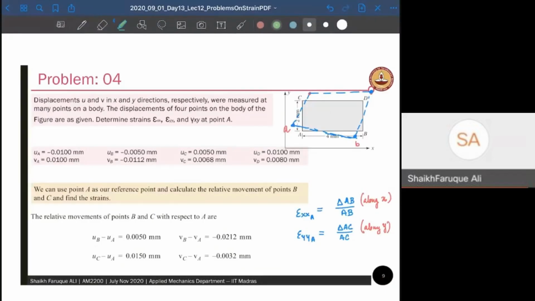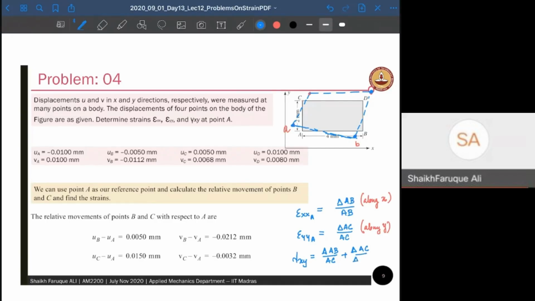And gamma XY, as we know, sorry for that, gamma XY is going to be delta AB by AC plus delta AC by AB.